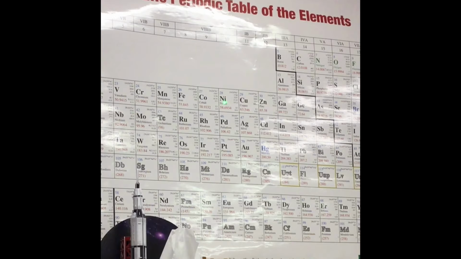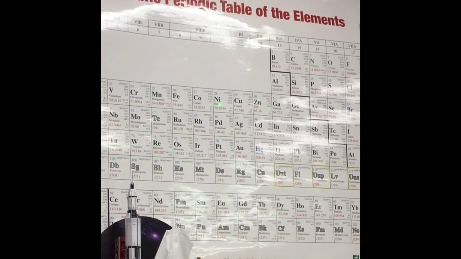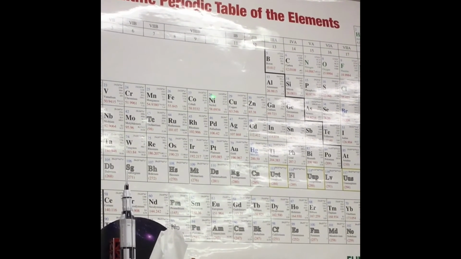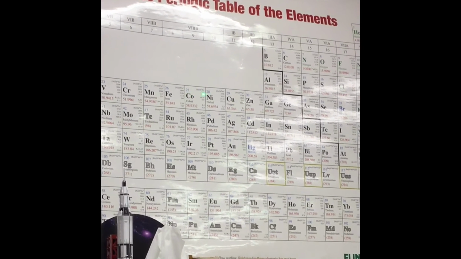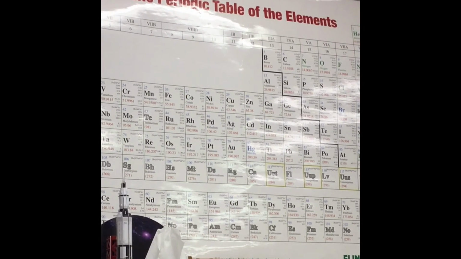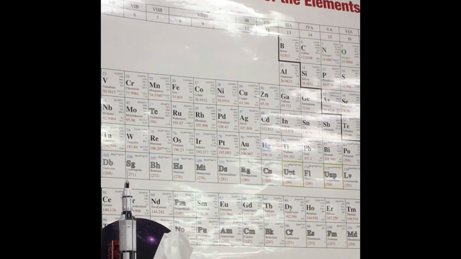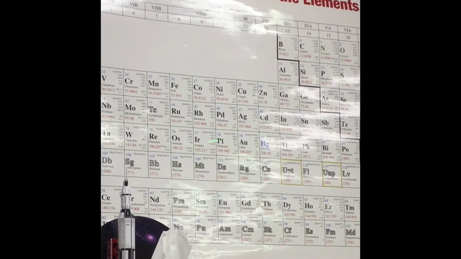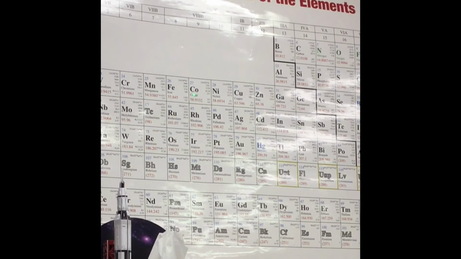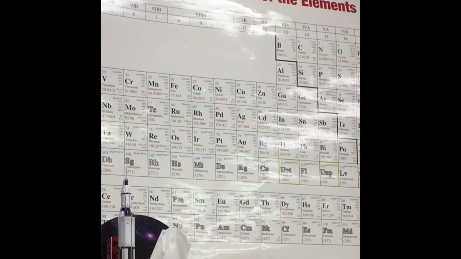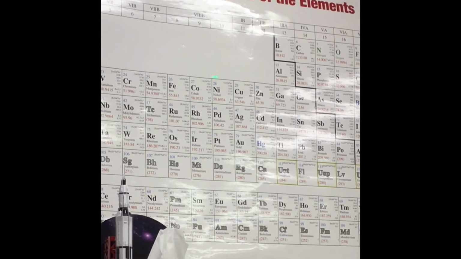What is nickel's? Which one's bigger? See, 58.9. Yeah, cobalt's bigger, right? So if you did it by increasing atomic mass, wouldn't cobalt be placed after nickel?